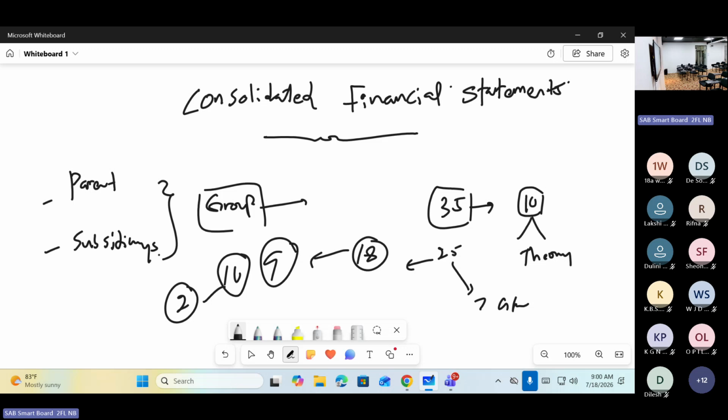That asset we call goodwill. I hope you are getting it.